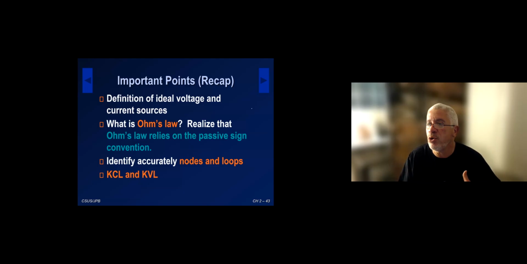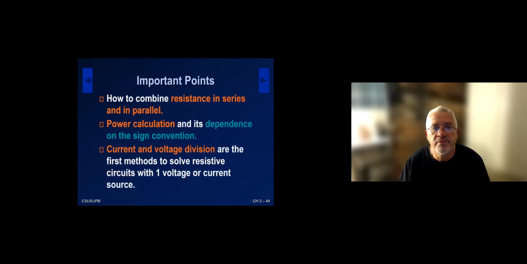Then we introduced nodes and loops. What is a node? What is a loop? And we need those to do Kirchhoff's current law and Kirchhoff's voltage law. These are pieces that we're going to put together in the next lecture into a full method. We also learned how to combine resistors in series and in parallel.